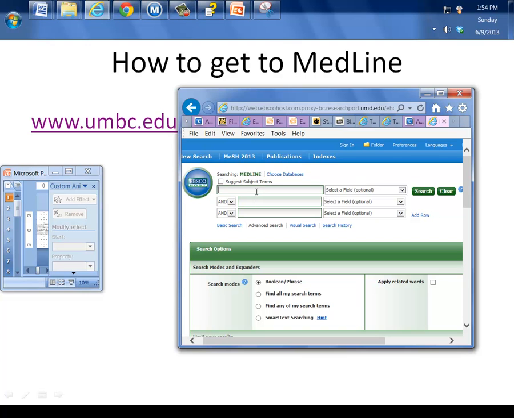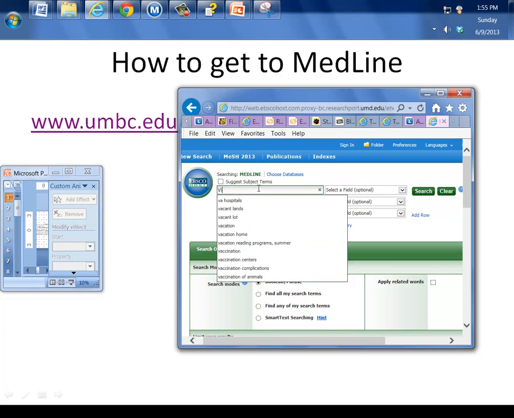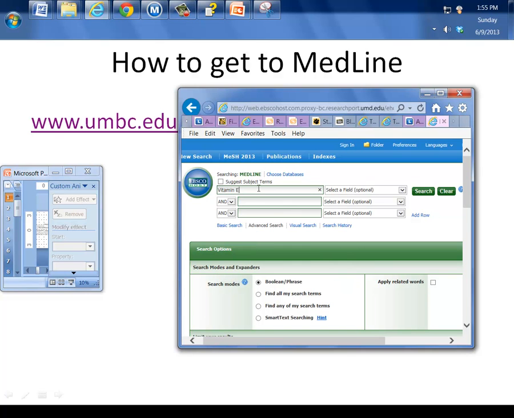So for me, what I want to do is search for what articles are in this database that talk about vitamin E and prostate cancer.